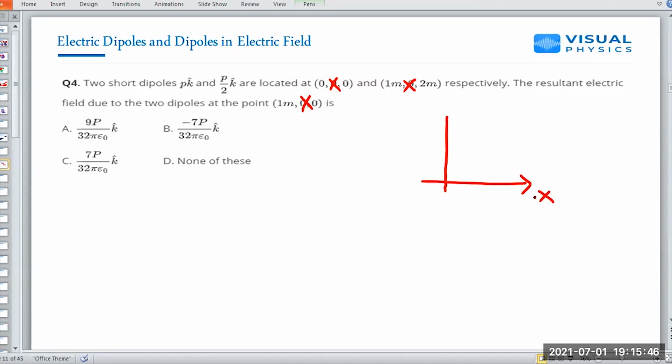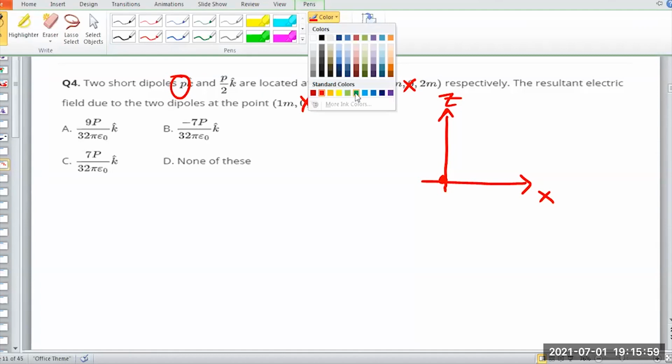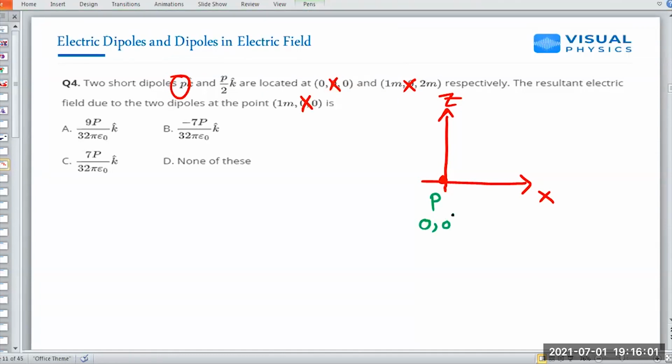I'm plotting for x and z. My first dipole P is placed at 0, 0, P. And my second dipole P by 2 is placed at 1, 2.